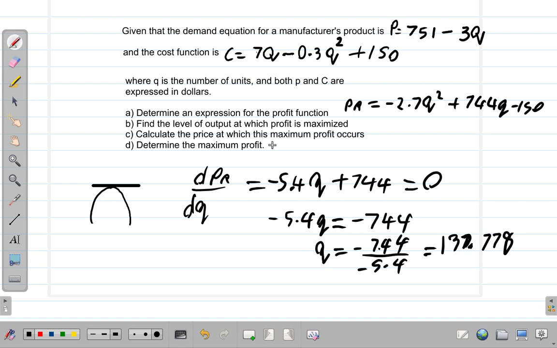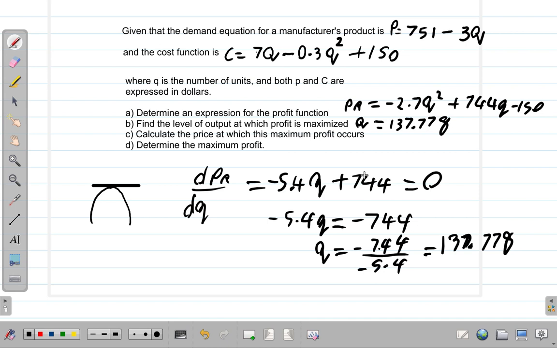So the level of output quantity at which profit is maximized would be 137.778. If you were manufacturing a whole number of items, you would write 138.